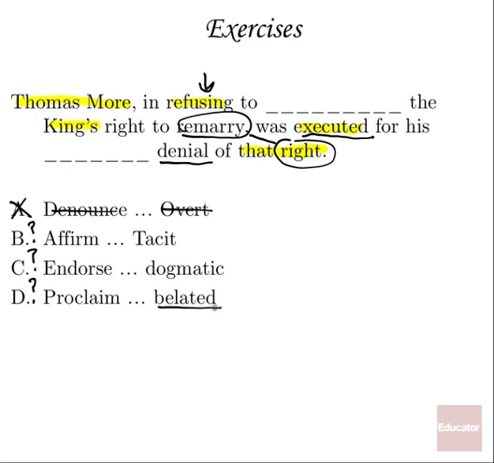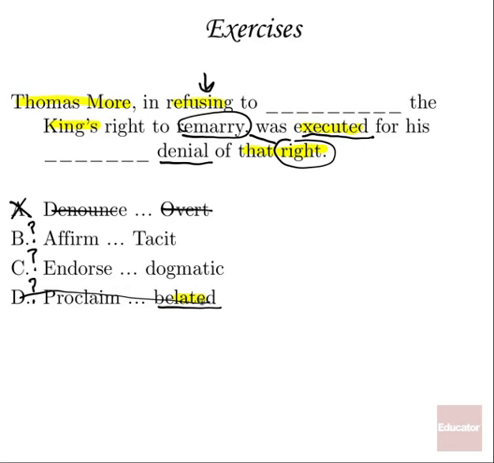If I'm talking about celebrating somebody's belated birthday, what do I mean? Well, I'll give you a clue. Late. So, this would mean that Thomas More was late in denying something that the king wanted. Okay, that makes no sense. Let's cross out that answer.